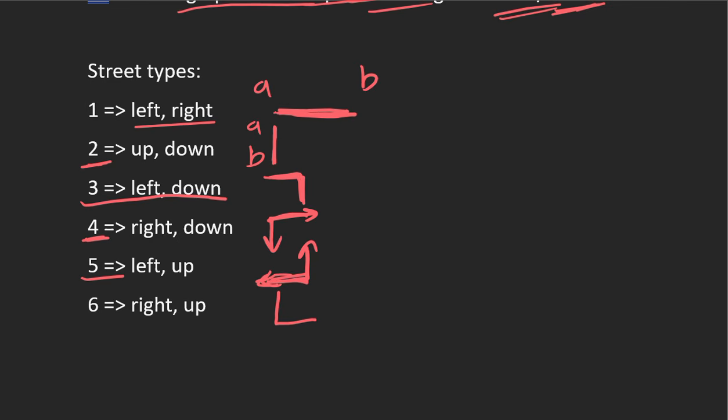These are the 2 allowed paths. And 6 means either up or right. So these are the 6 street types and their allowed paths.